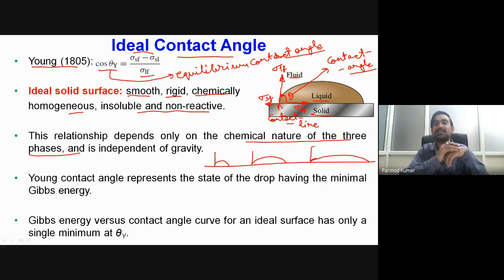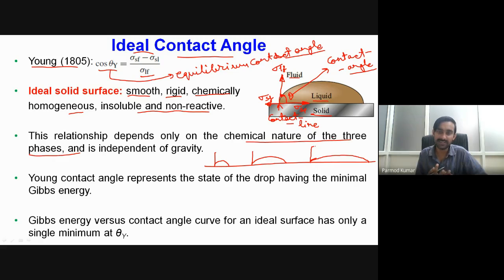Okay, so what is basically happening is that we are not changing the surface characteristics, so whatever distortion in the shape of the drop is happening, that distortion is only because of the gravitational field, which can be observed macroscopically. But if we see from the microscopic point of view, we can find that particularly at the contact point, there is no change in the profile of the droplet.